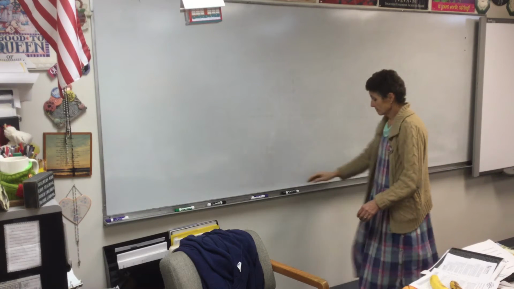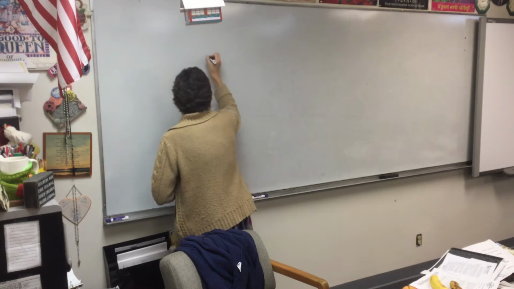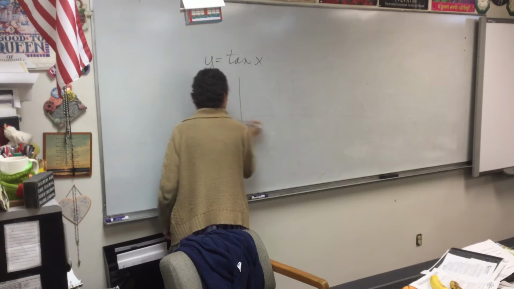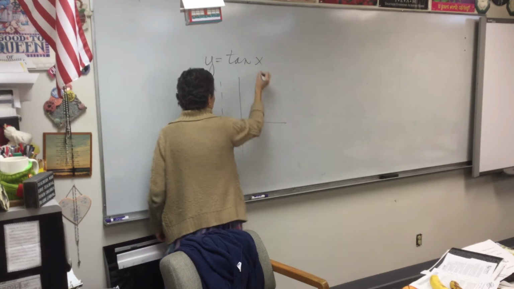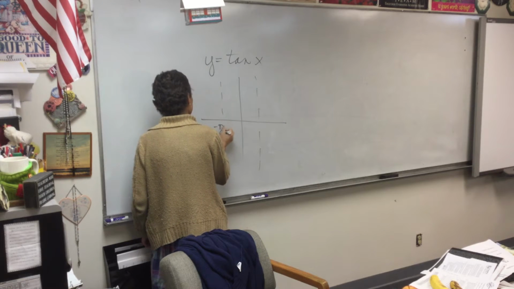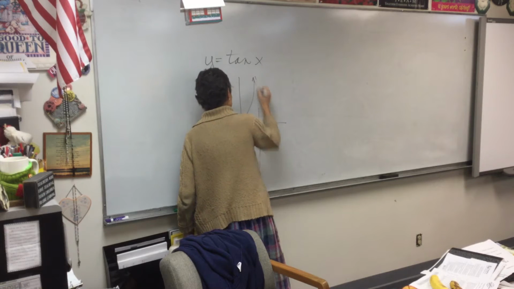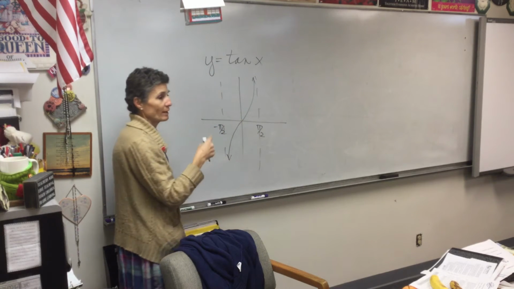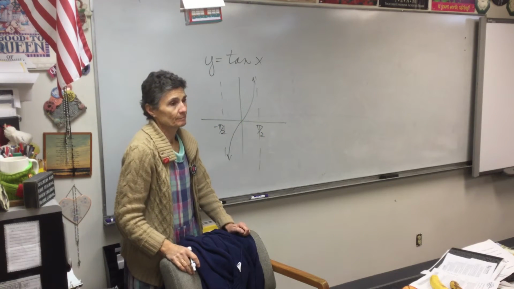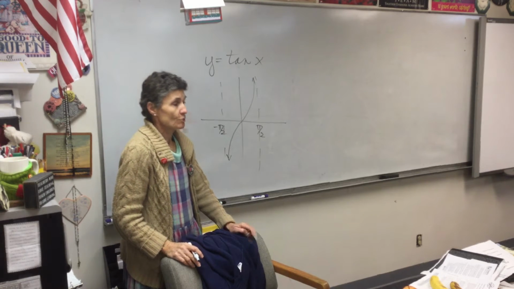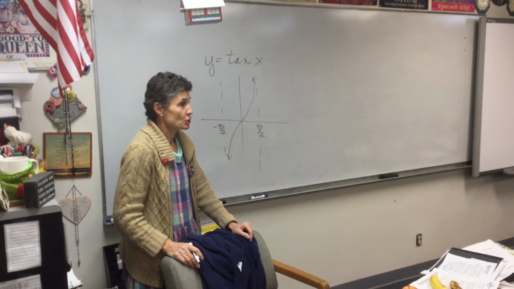What you have to have memorized is that a tangent has an asymptote at negative pi over 2, positive pi over 2, and increases through the origin. That is what a tangent looks like. That should not be new news to you. That was on your sheet.